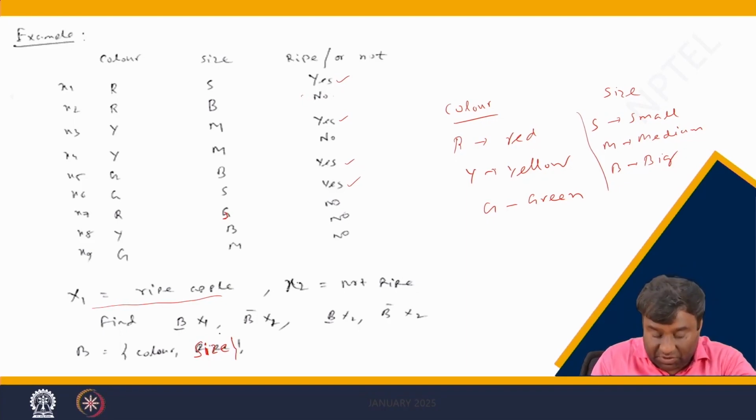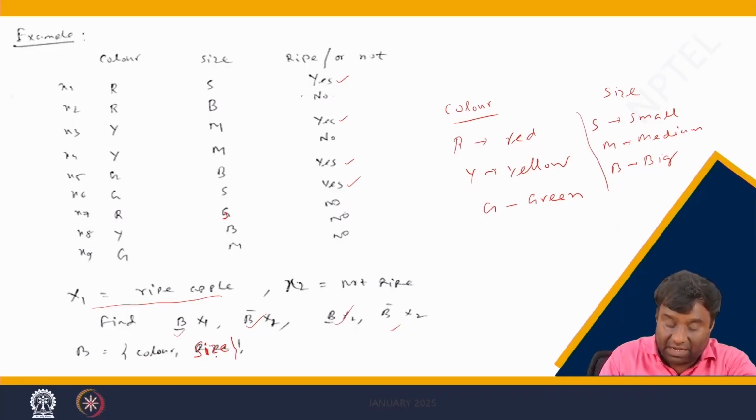We need to find the lower approximation and upper approximation of X1 and of X2, where B is color and size.